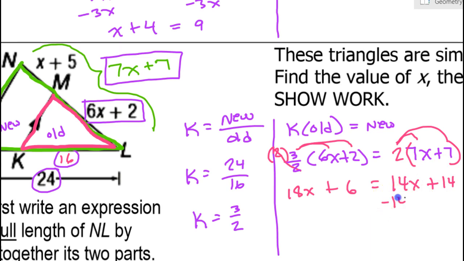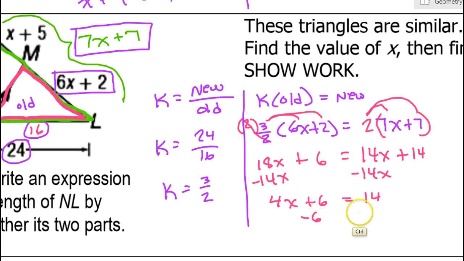Now subtracting 14x from both sides, that's going to give me 4x plus 6 is equal to 14. Now subtracting 6 from both sides, that's going to give me 4x is equal to 8.